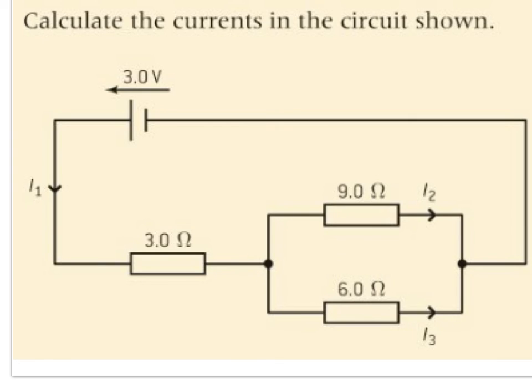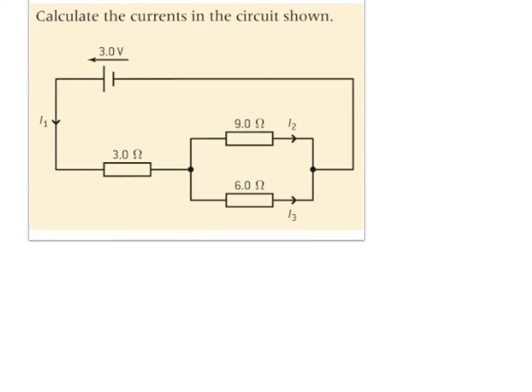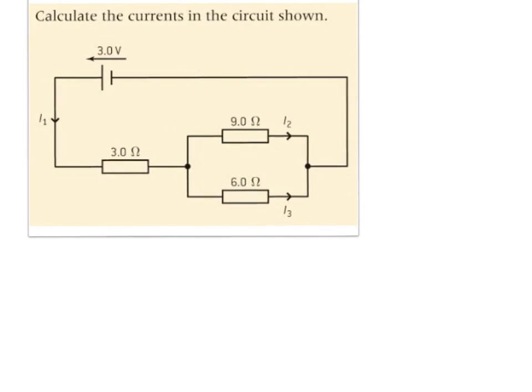So I'm going to show you how to use Kirchhoff's laws so that you'll be able to apply it in various situations later. All right, let's just go through this first. Okay, so Kirchhoff's laws. I'm going to start with law 2.